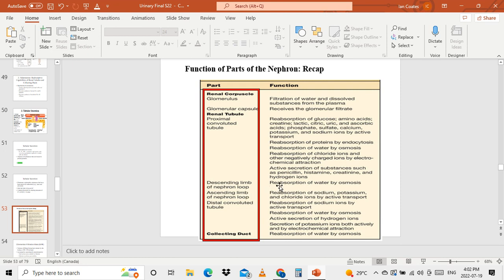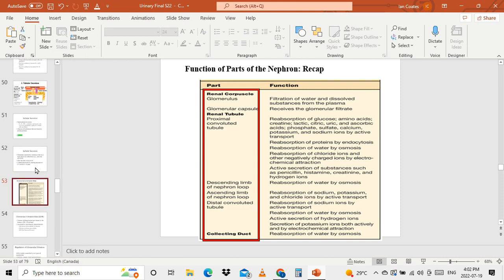Descending, reabsorption of water through osmosis. The ascending is water impervious, so these ions are going to be pumped out. There's your DCT: mostly secretion, a little bit of reabsorption. And your collecting ducts. So, that's a good little slide.